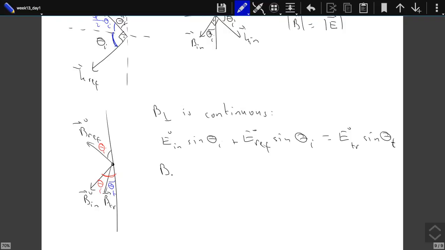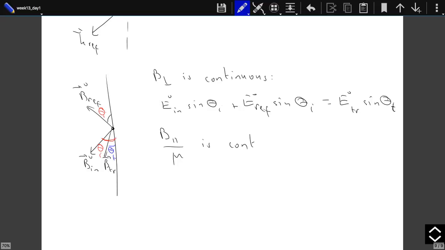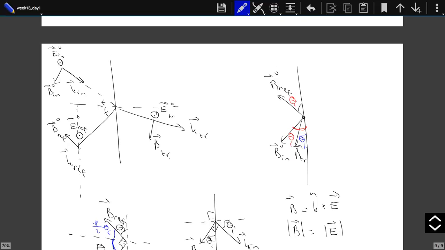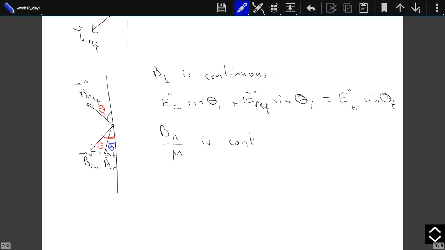Now the second condition is B parallel over mu is continuous. Are we correct in the directions, by the way? Let me check. Okay, now the parallel component of B is continuous. So from the incident we have E incident 0 times cosine theta E over mu1.